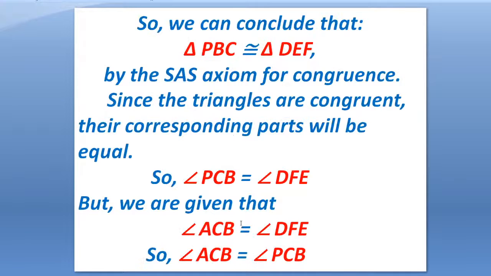So by SAS rule for congruence, these two triangles are congruent. But by CPCT, angle PCB and angle DFE are equal. See here carefully, angle PCB is equal to angle DFE.